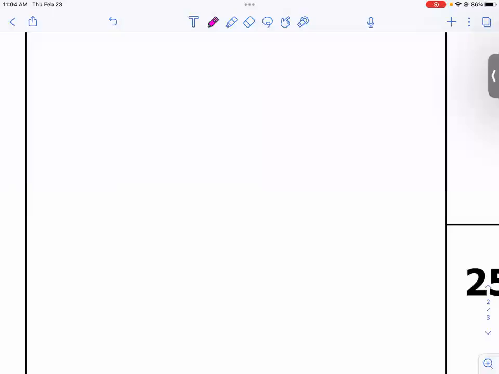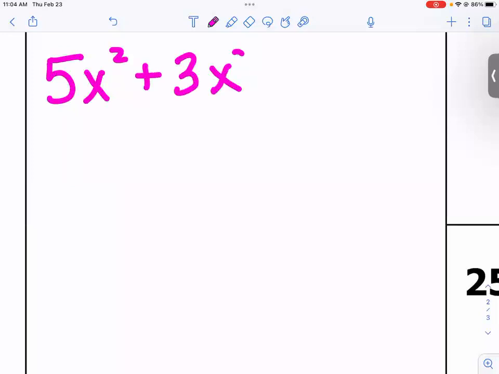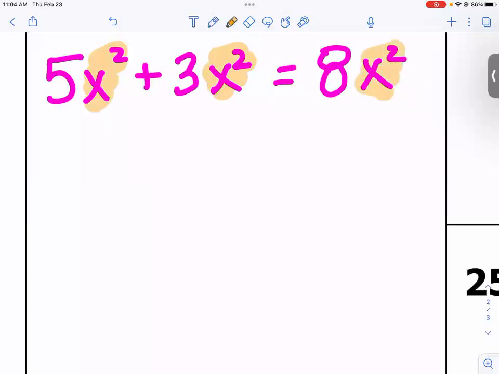So let's talk about what we know. If we are adding or subtracting, we need to have like terms, and we can add our coefficients and keep the like terms, right?